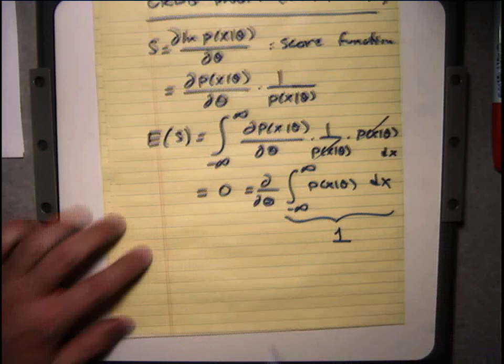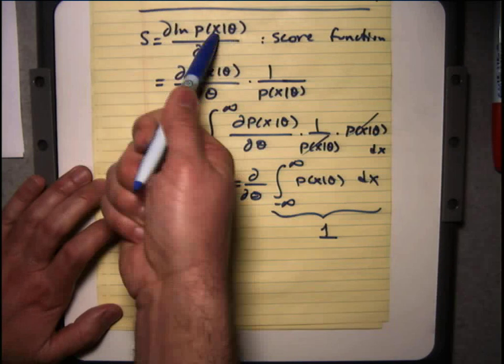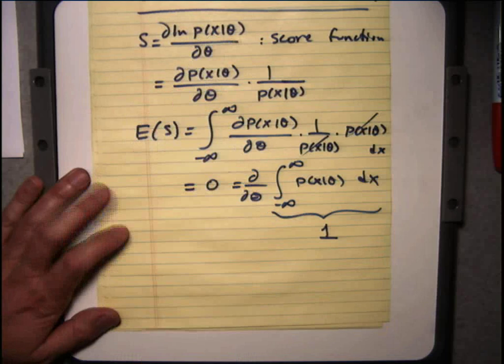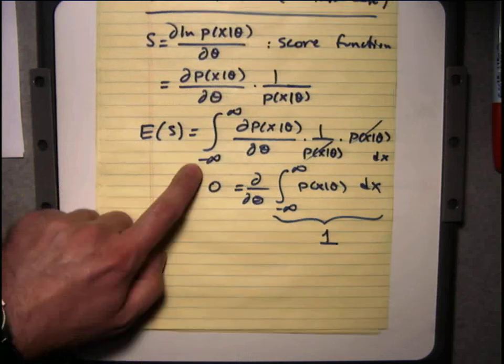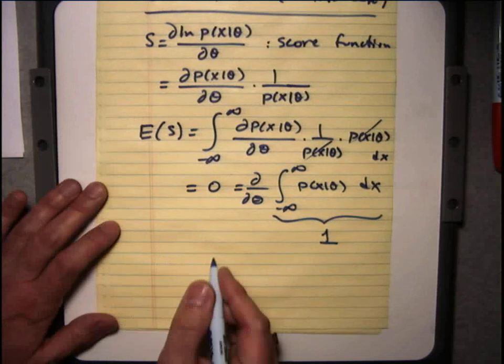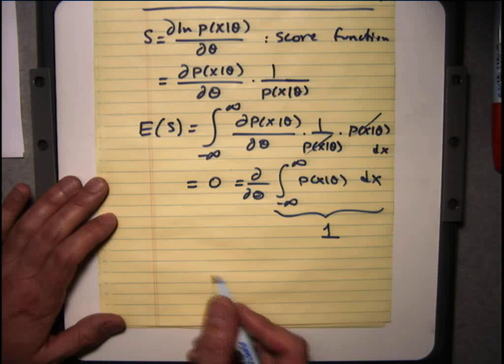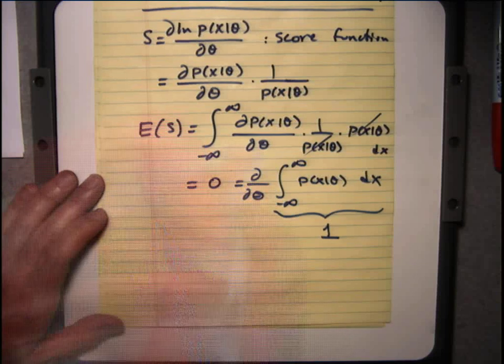Now, another property of the score function: what I wrote down here is just for a single data point, because the integral here was just over a scalar. Now, what happens if I want to write the score function for a bunch of data points?